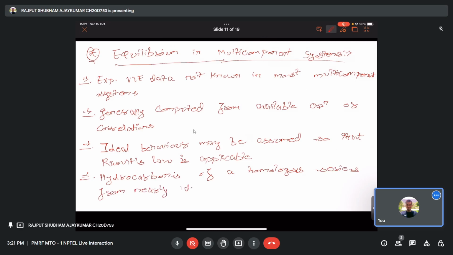Okay, so this is for the multi-component system and the concepts behind it. Now we'll solve a numerical.